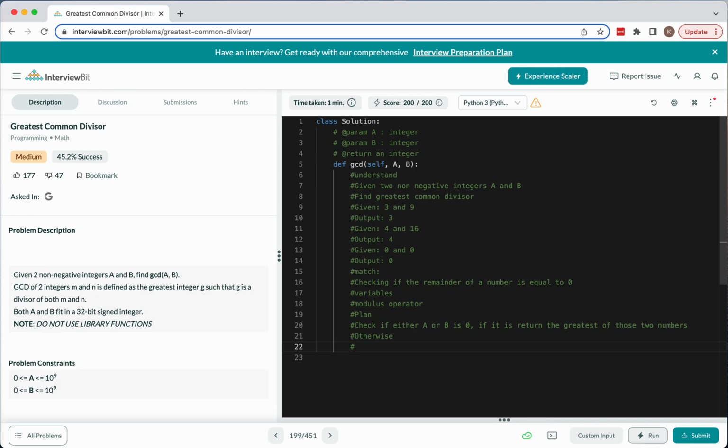I want to use a variable to store the largest of those two numbers, and I would also do this for the smallest one too. So store those largest and smallest numbers in variables. Check if the remainder of those two numbers is equal to 0. If it is, return the smallest number.